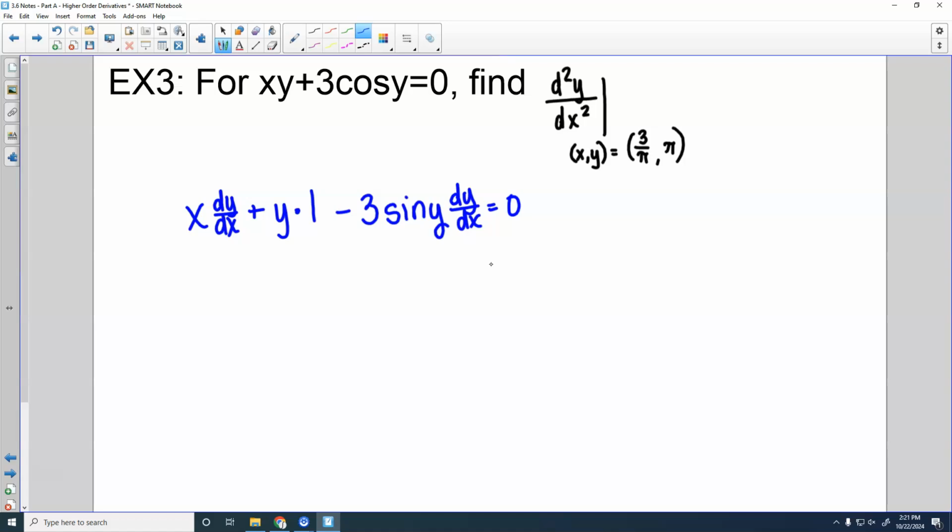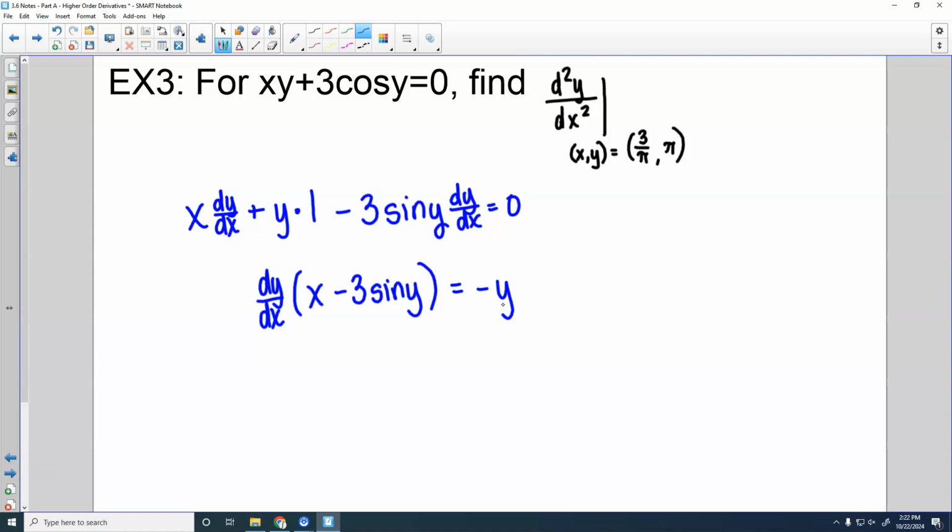So over here on the left-hand side, I'm going to go ahead and factor out my dy/dx because everything's already over here. I've got an x and a minus 3 sine y, and I'm going to move this y over to the other side, so I'll have a negative y there. Very good.